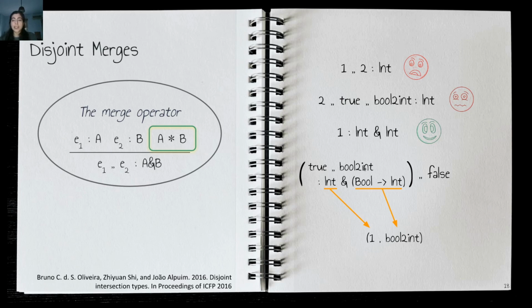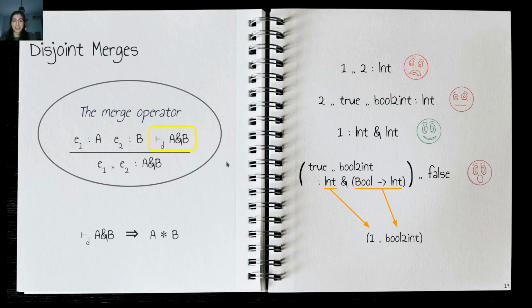So this example shows that by extending the subtyping relation with the Modus Ponens rules, there are cases that can slip away from this disjointness check. For that reason, we employ a stricter disjointness restriction, which rejects all of these ambiguous cases.